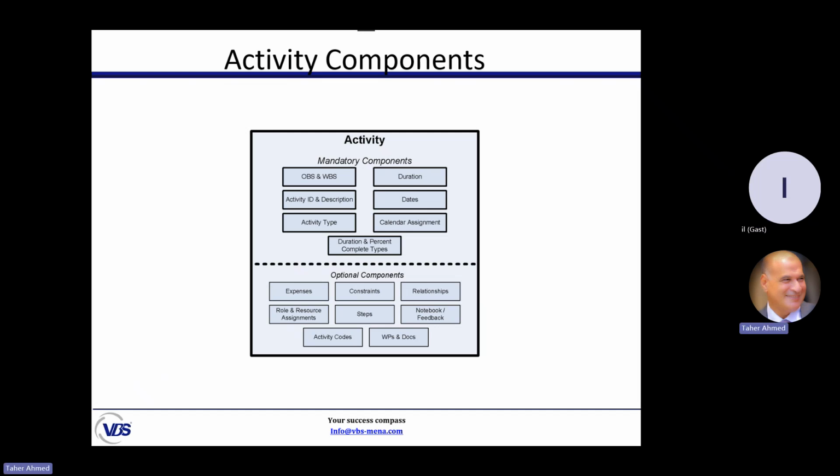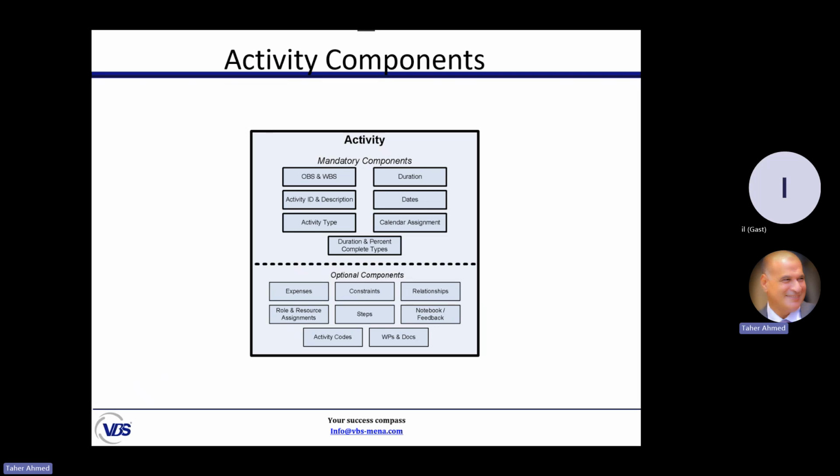We cannot create an activity without this information, but we need other information like codes, documents, relationships, notebook, steps, expenses, resources, constraints. Those could be defined or not defined, depending on the type of activity or the work we are going to do.